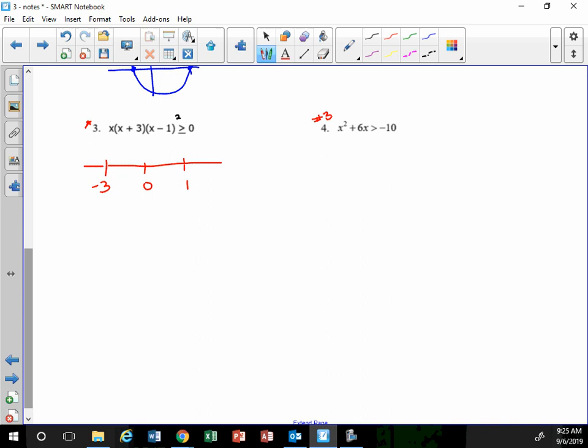Interesting. Between 0 and 1, if you're plugging in values, you have to pick a fraction. Remember, you don't have to figure out the exact value.